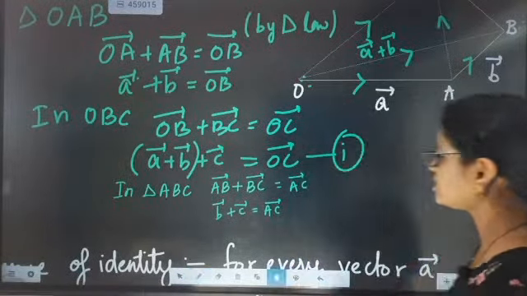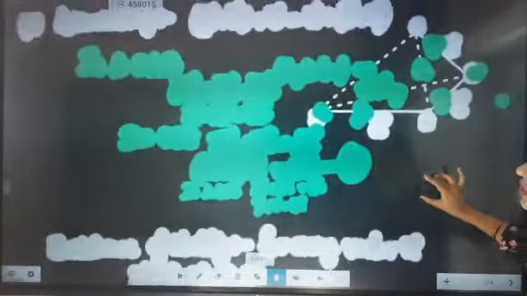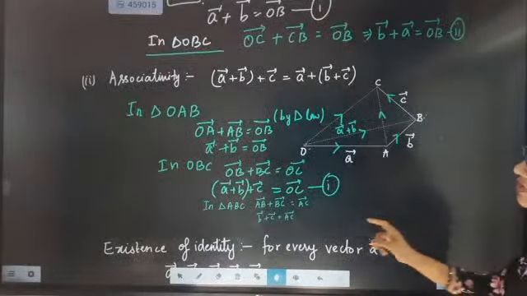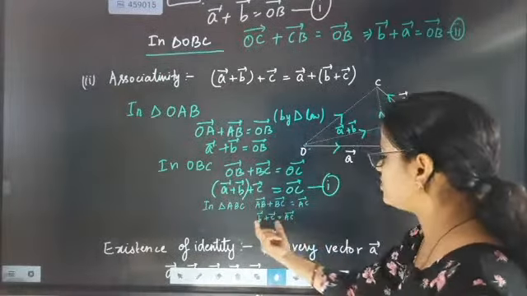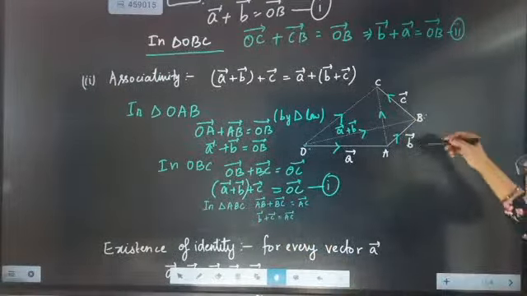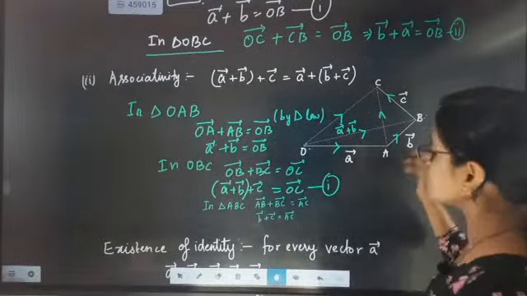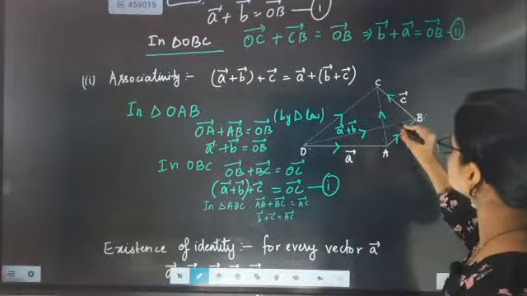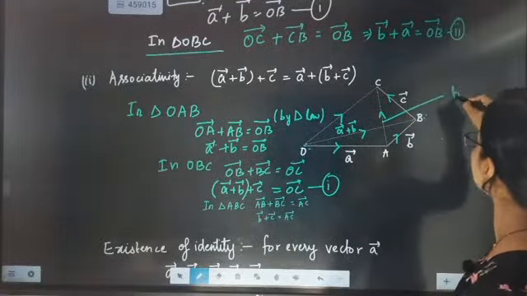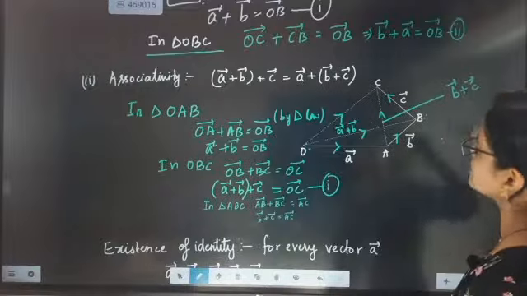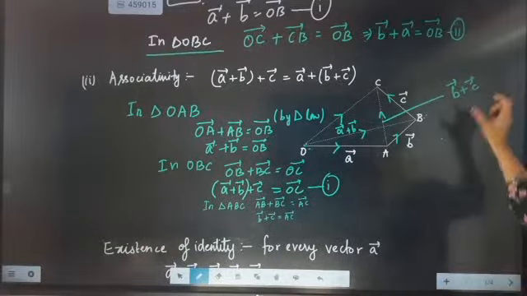Okay, so B vector plus C vector will be equal to AC vector. Now we have AC vector coming as B vector plus C vector. We only need to relate it with A vector.